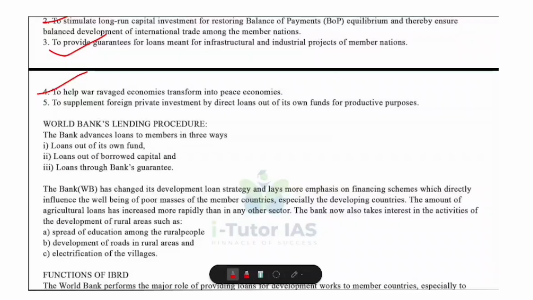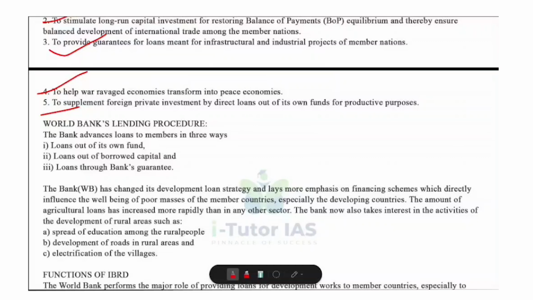The World Bank helps them transition to peacetime economies by funding rebuilding and development projects. And the last function, supplement foreign private investment. The World Bank provides direct loans from its own funds for productive purposes. This encourages private investors to invest as the bank support reduces the risk and ensures projects are viable.